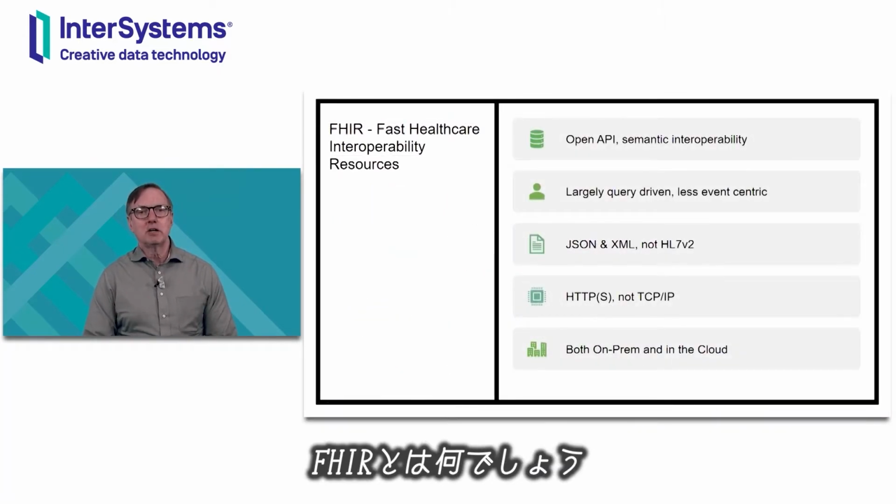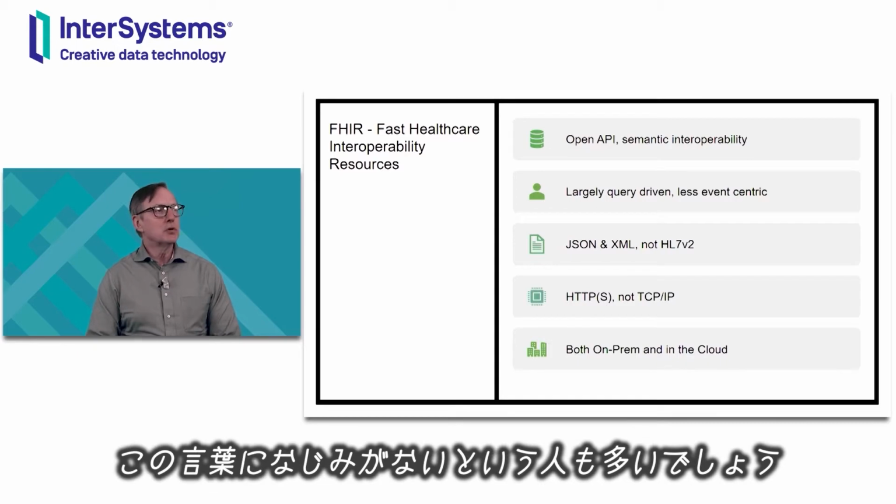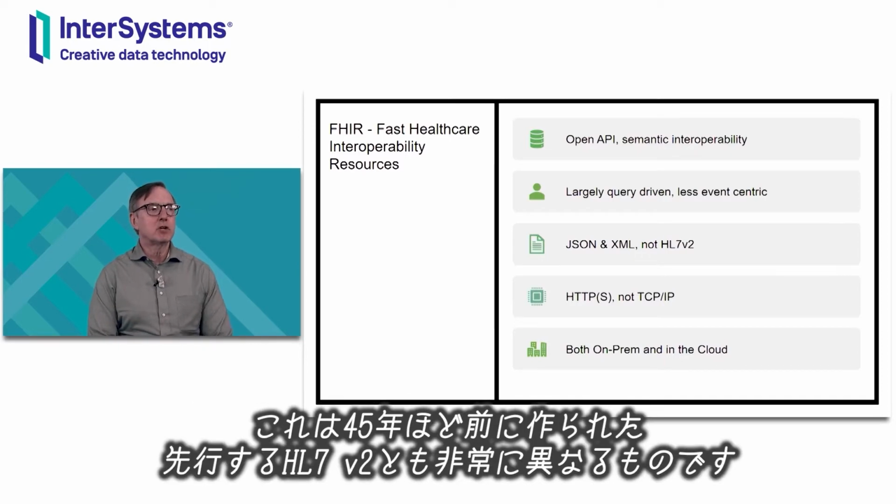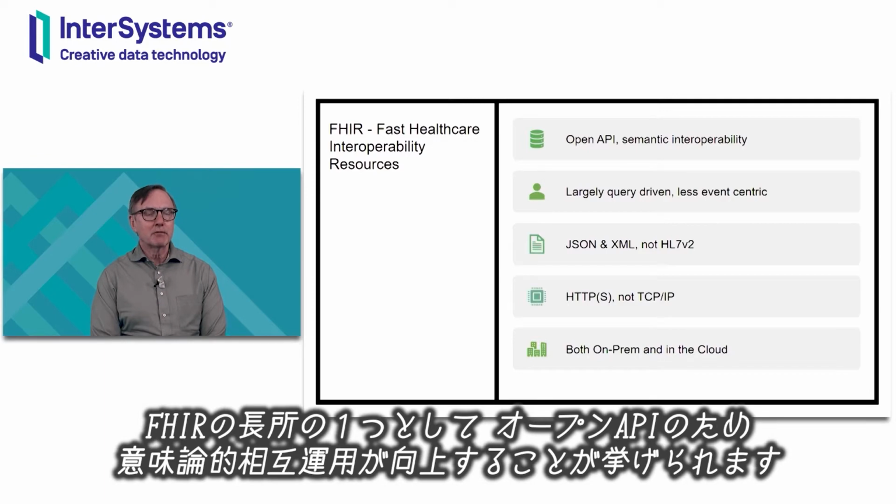So what is FHIR? There's a lot of people who are new to this. It stands for Fast Healthcare Interoperability Resources, and it's very different than its predecessor, HL7v2, which was created about 45 years ago. Some of the benefits of FHIR is that it's an open API with better semantic interoperability.